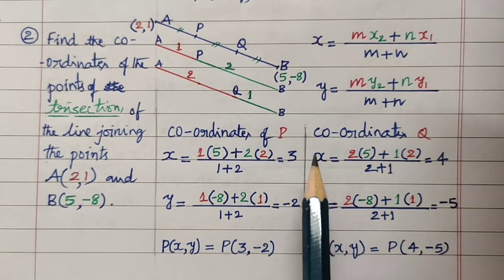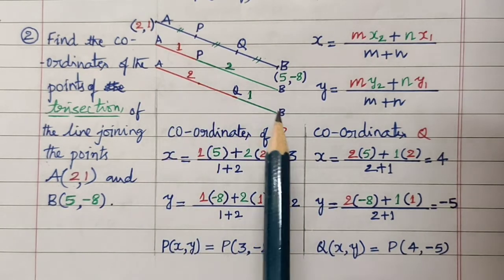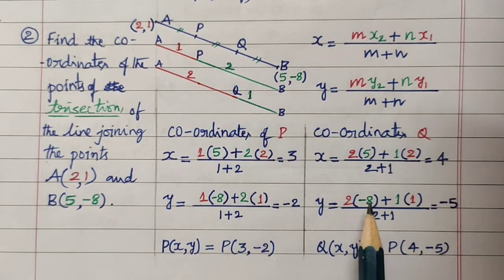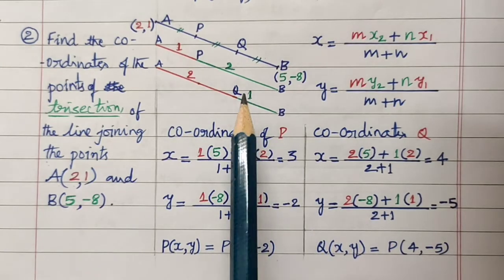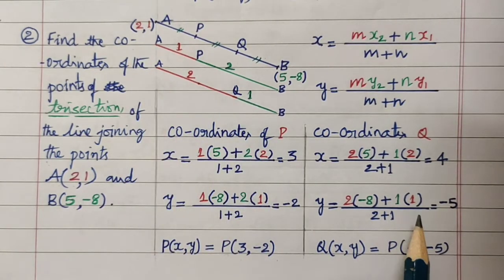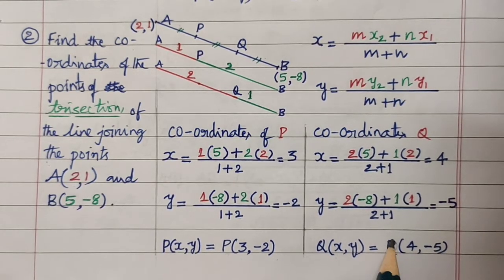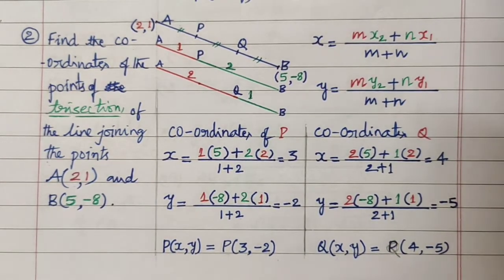Y is equal to m into y2, where y2 is minus 8, plus n into y1, that is 1, divided by m plus n. After calculations we got y is equal to minus 5. The coordinates of Q are (4, -5). These are the coordinates of Q.